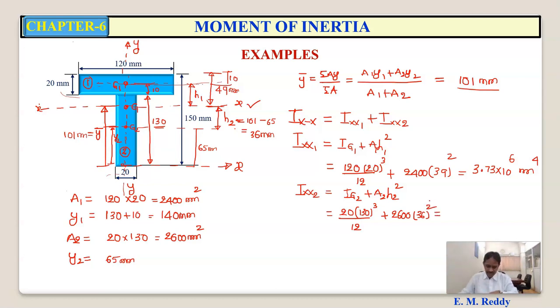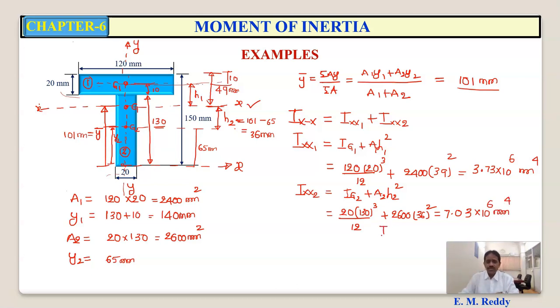So this gives you 7.03 into 10 raised to 6 mm raised to 4.